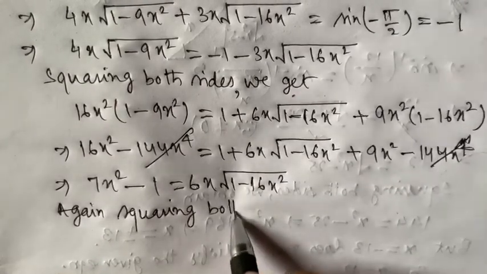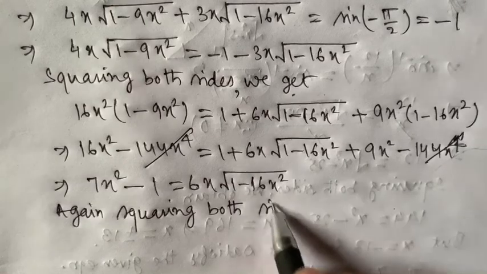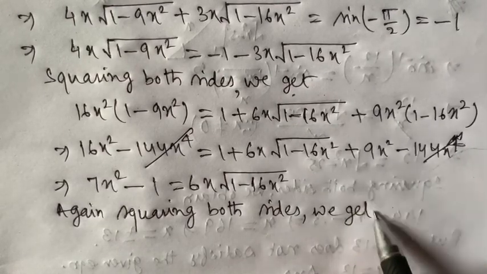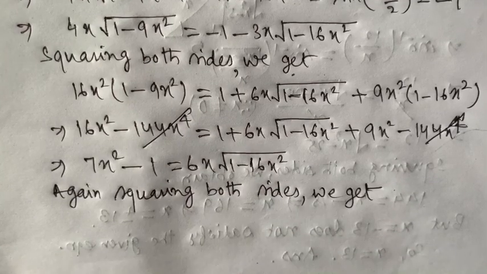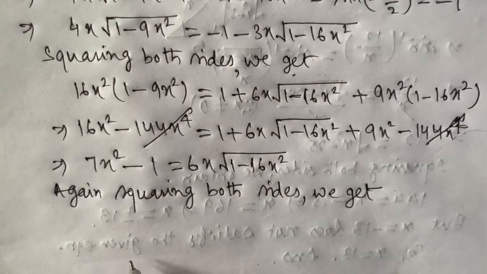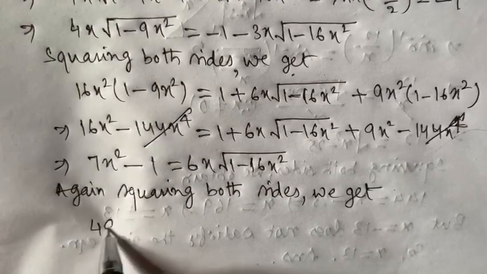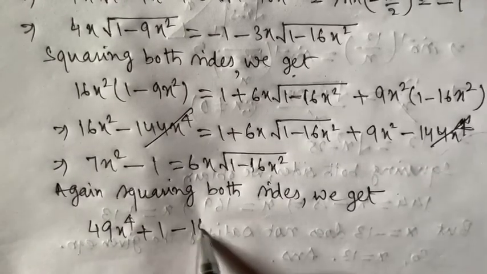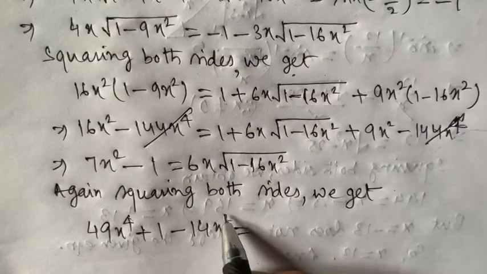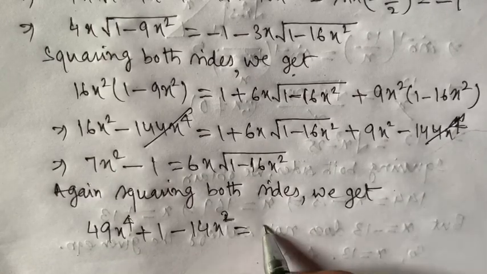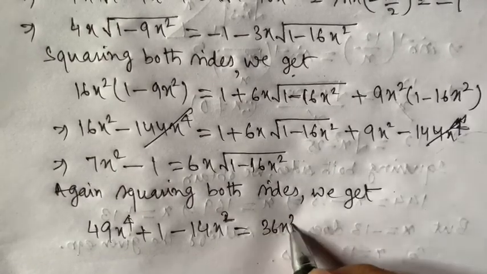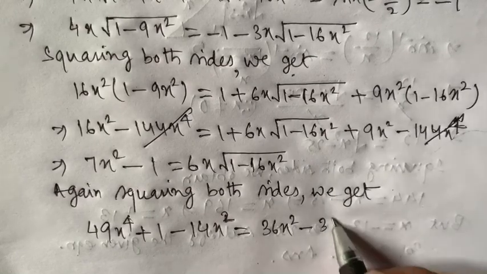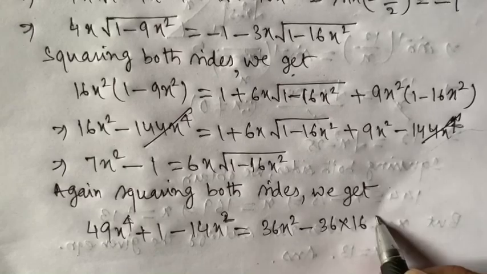Squaring both sides again, we get 49x power 4 plus 1 minus 14x square is equal to 36x square minus 36 into 16x power 4.